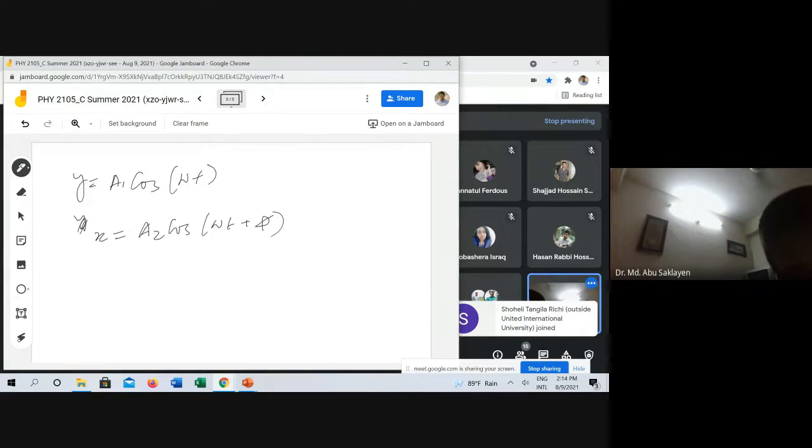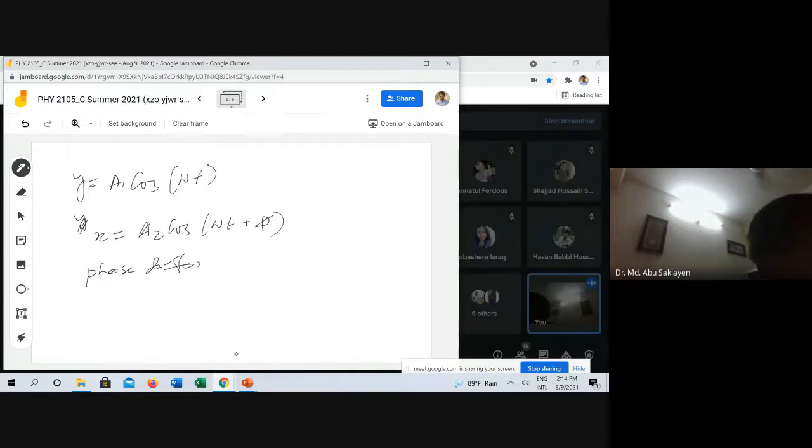So here phase difference between two waves or two oscillations equal to phi, right?